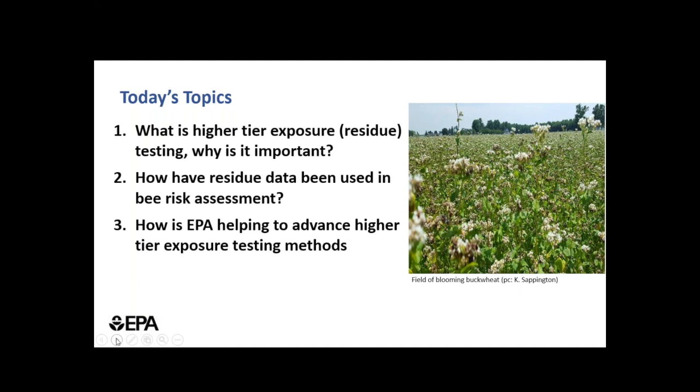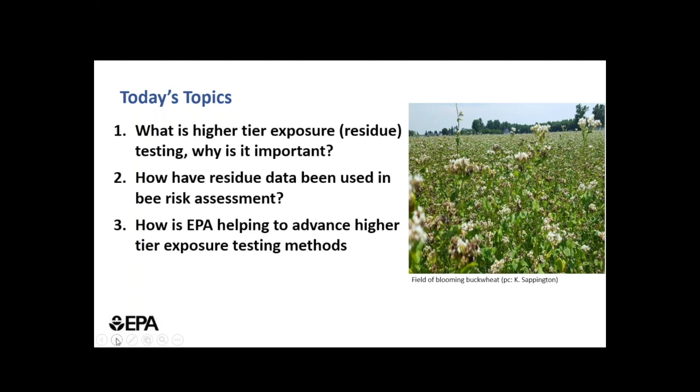And then I'll summarize briefly a few efforts that EPA is supporting to help advance higher tier exposure methods. Before I continue, I want to briefly summarize the main features of higher tier exposure studies so we all have a common understanding as to what they really entail.